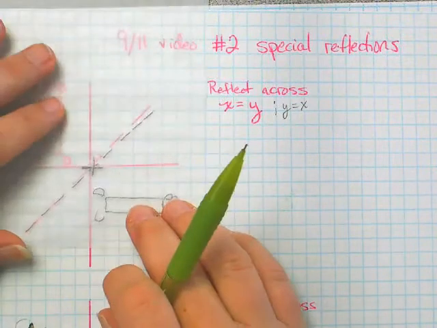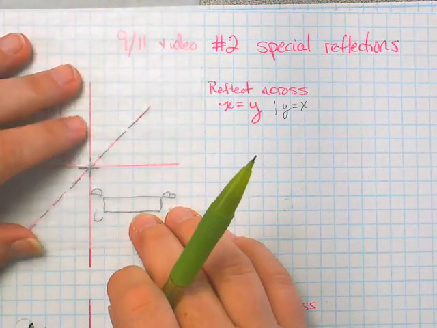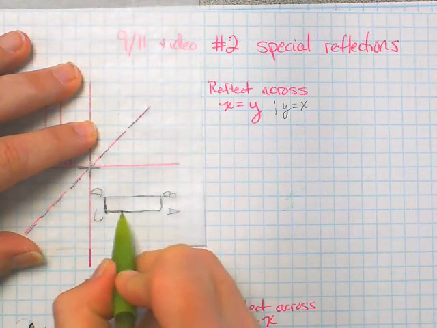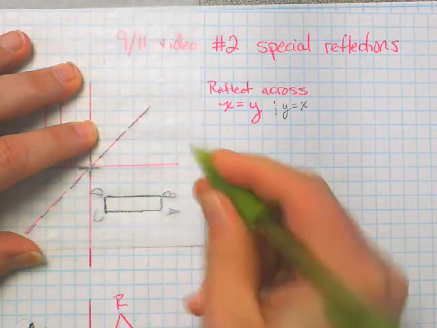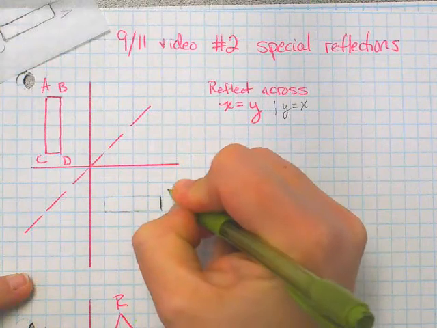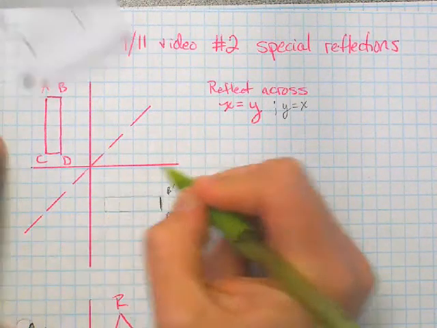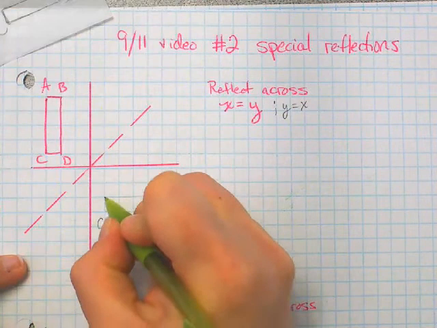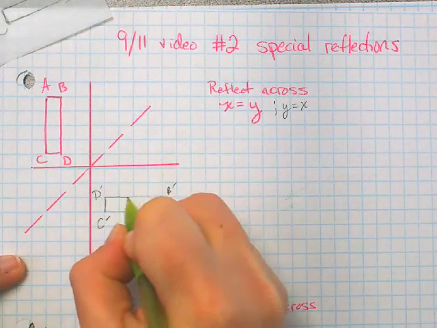I have to line up that line of reflection with the origin, and what we actually see is we wind up here. A prime, B prime. See, I didn't want to make a mistake here. C prime and D prime.